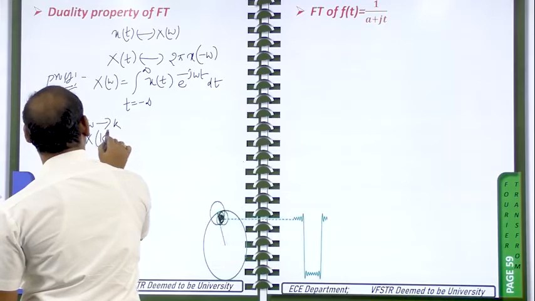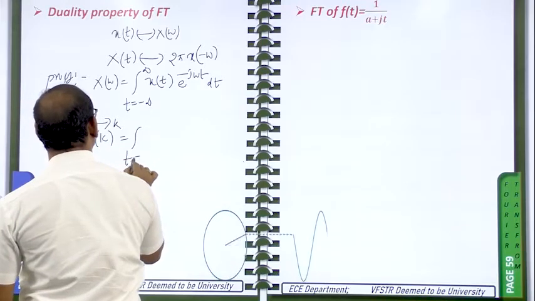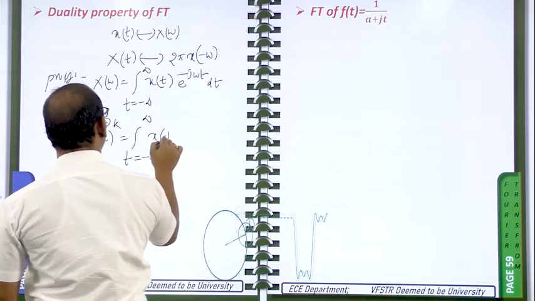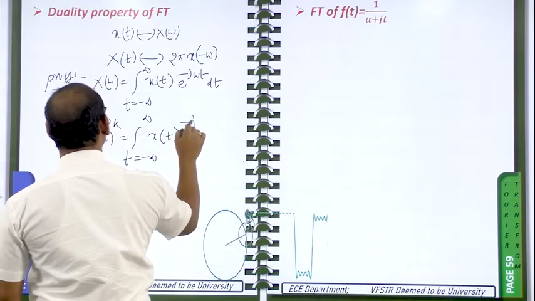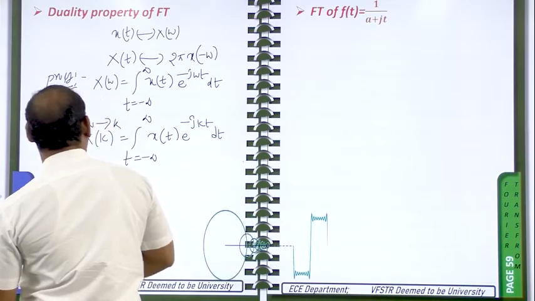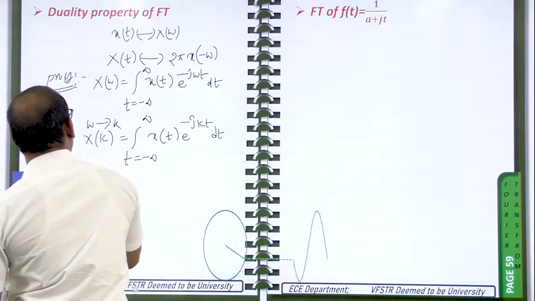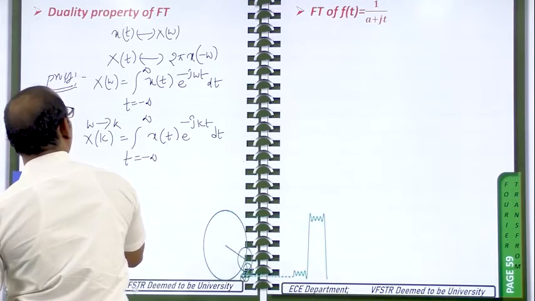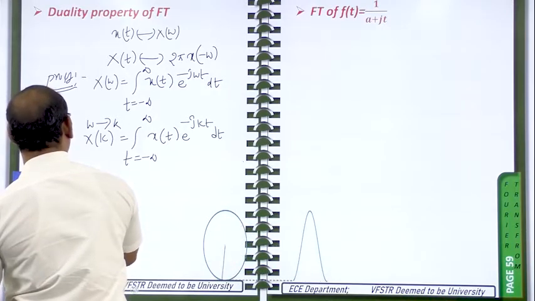Capital X of k is equal to the integral, t from minus infinity to plus infinity, x of t e power minus j k t dt. Now replace this k with t, sorry, t with omega, or write the equation for x of t first.